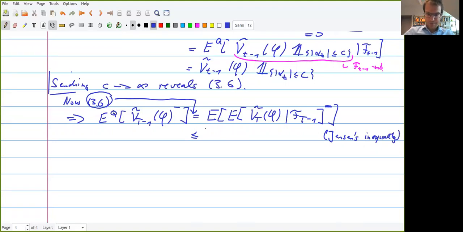Which tells me that's nothing else than E_Q of phi minus, and then the tower property allows me to get rid of the conditional expectation. That's by assumption less than infinity, right? So let's repeat this argument.